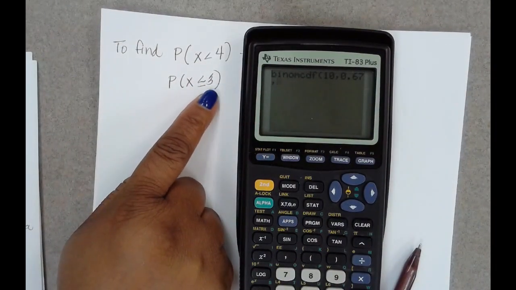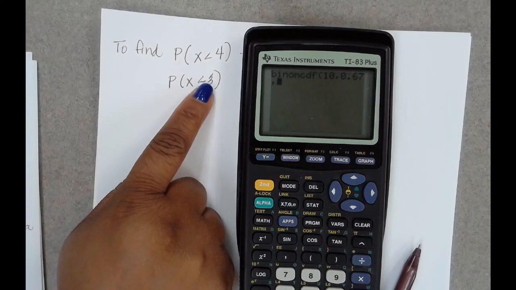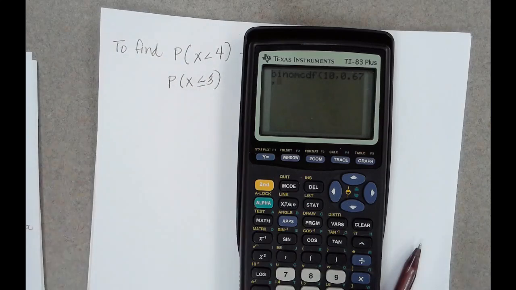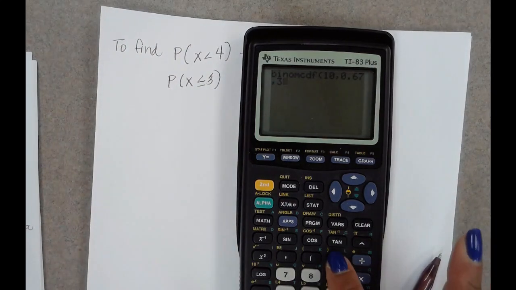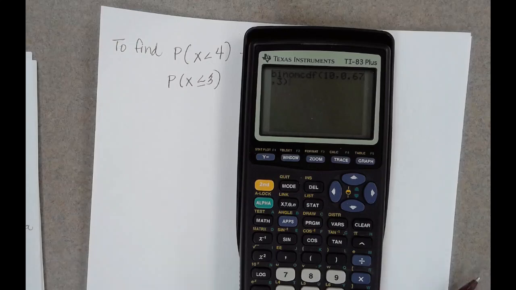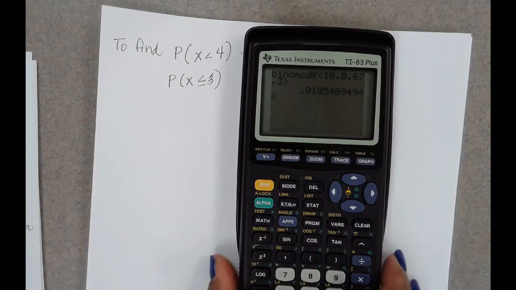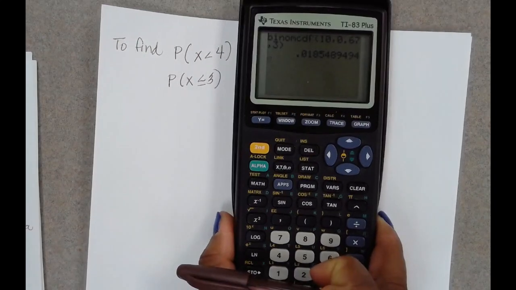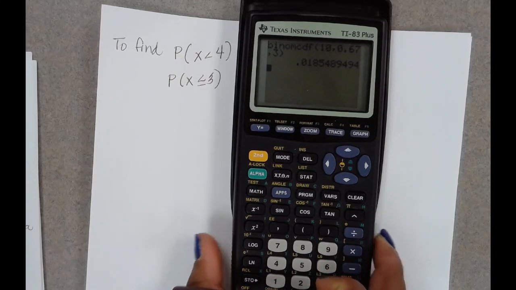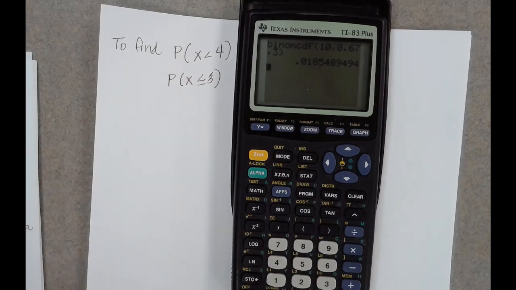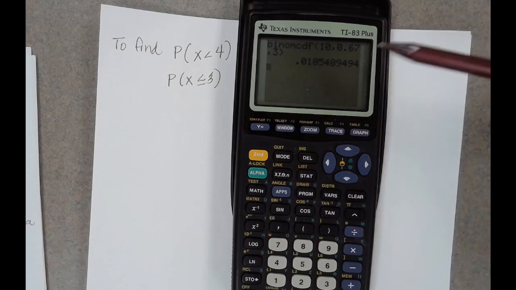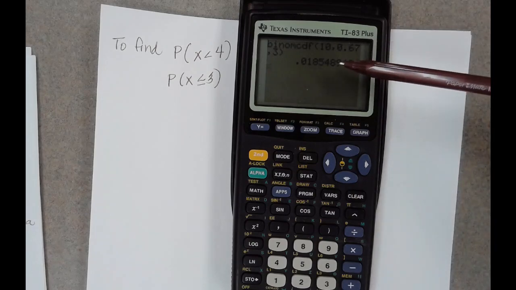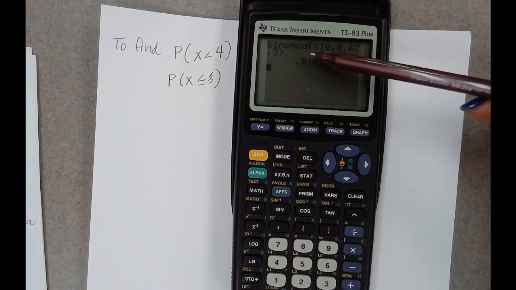We want to use the number that's involved in that less than or equal to statement. Be a 3. Close the parenthesis. Press enter. Okay, I see 0.01854. I'm going to record 0.0185.